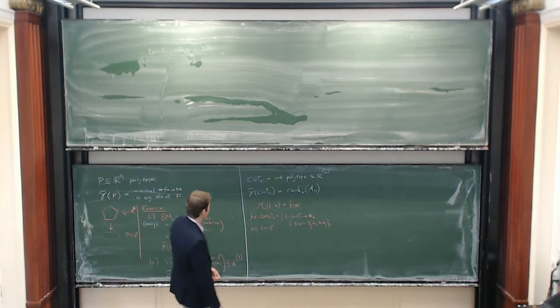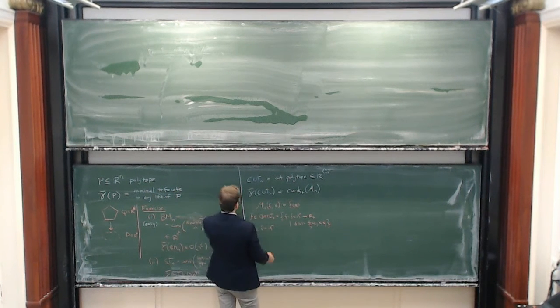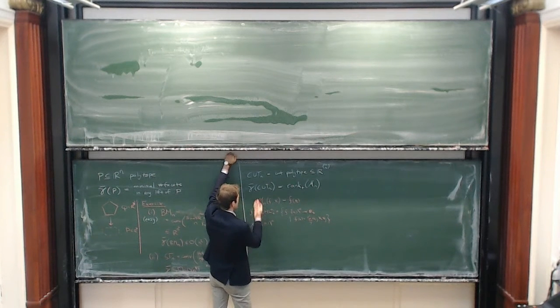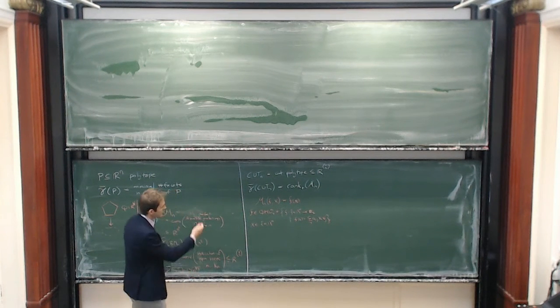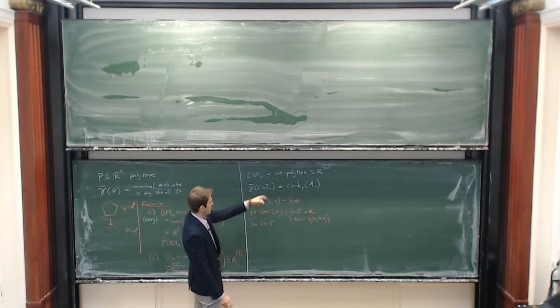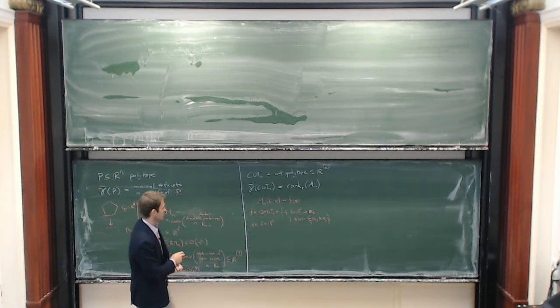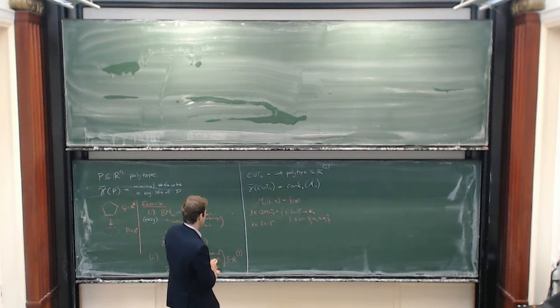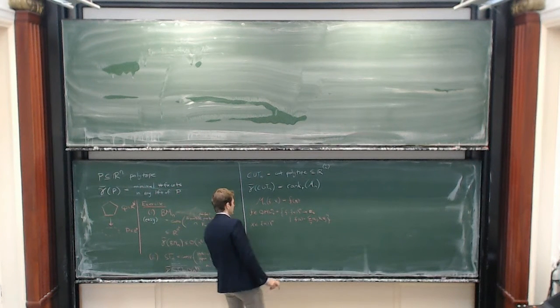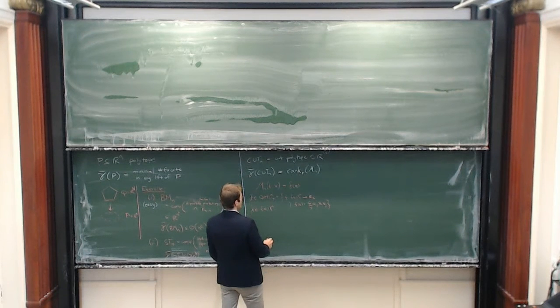So if we want to prove a lower bound on the extension complexity of the cut polytope, then our goal now reduces to proving a lower bound on the non-negative rank of this matrix. Good. Now let me remind you what non-negative rank is.